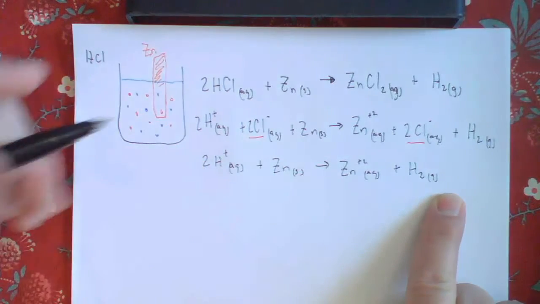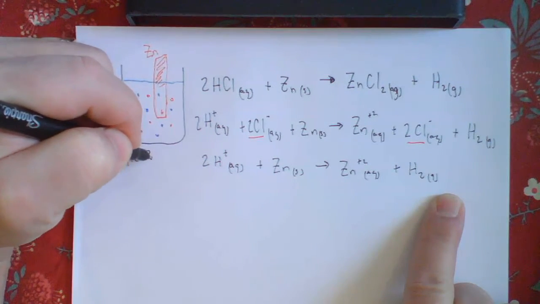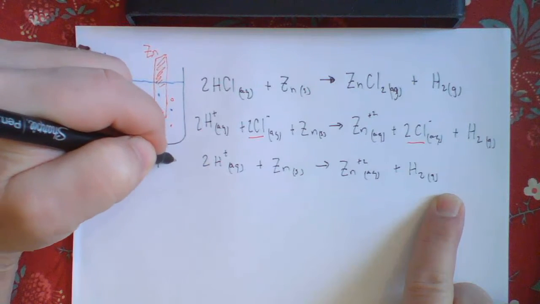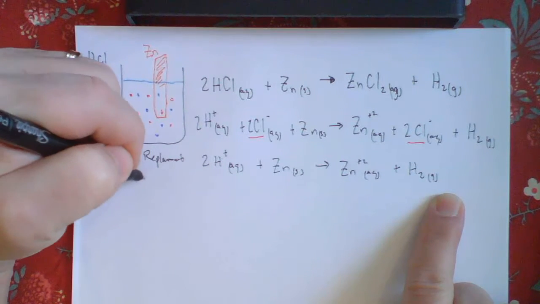And this is an example then of a single replacement of a metal with an acid.